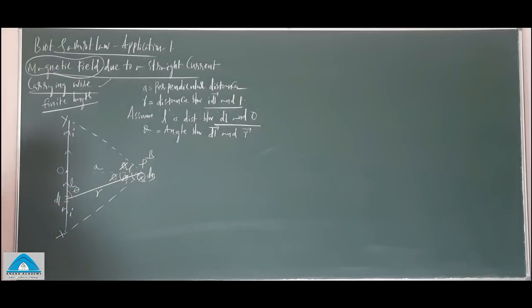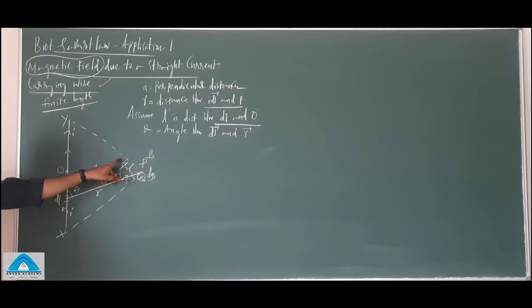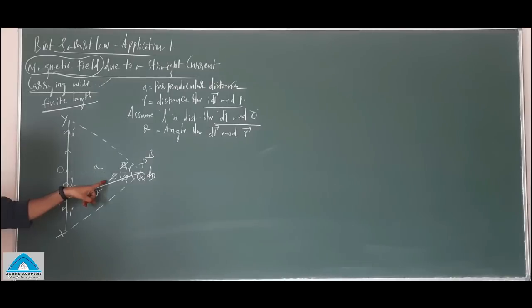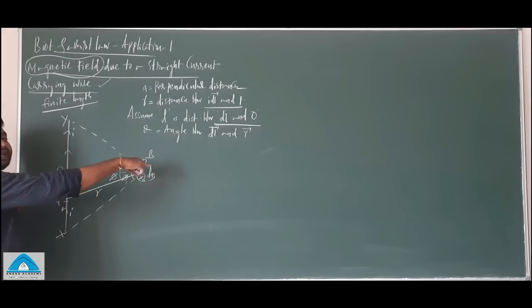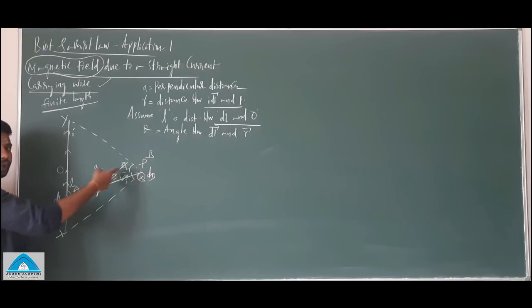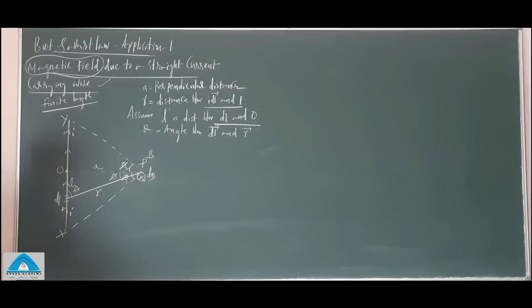Carefully listen: phi 1 is different, phi 2 is different, phi is different. What is this phi? Phi is the angle made by the perpendicular line and r, the position vector.